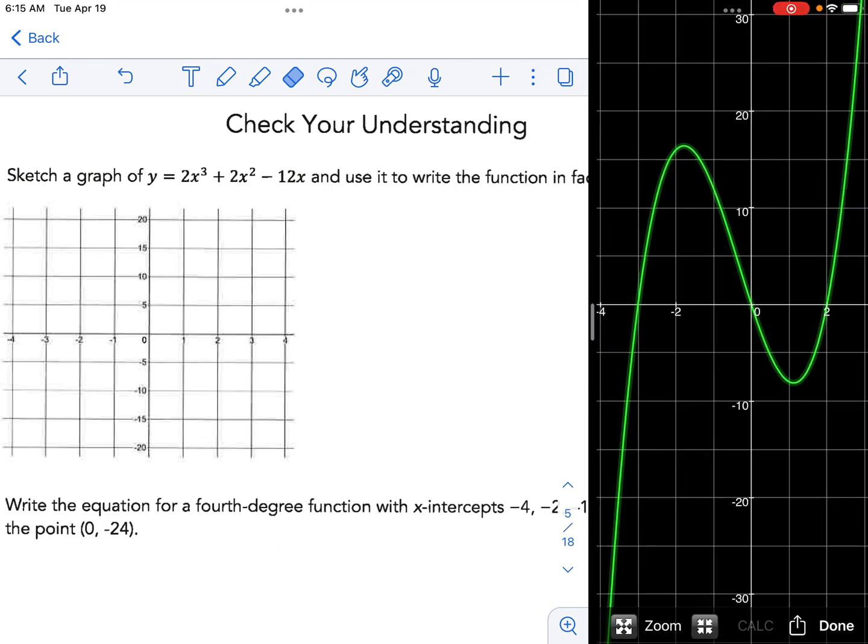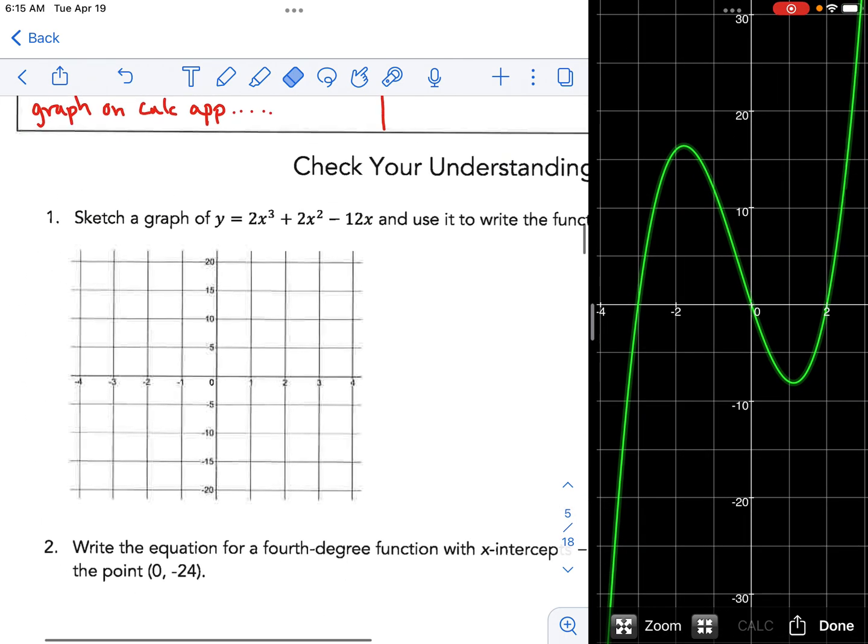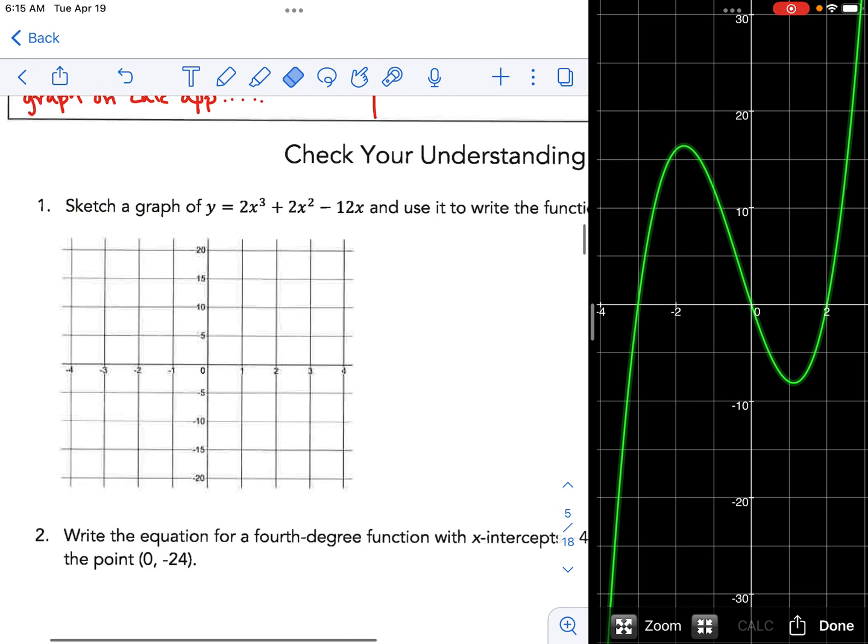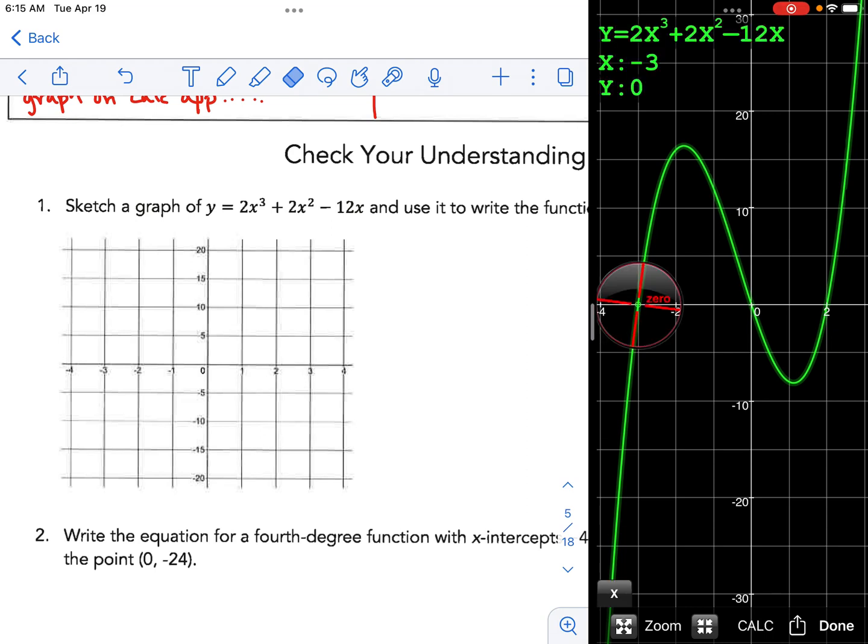Let's graph that. Okay, so that looks like this. Because it's in general form and I don't really feel like factoring it, I just want to get this graph. So the x-intercepts look to be like -3 and 0 and 2.